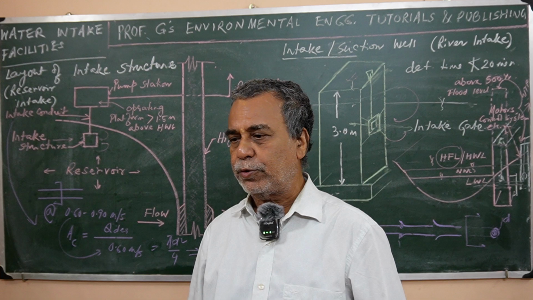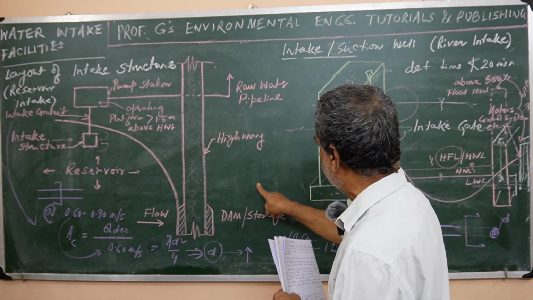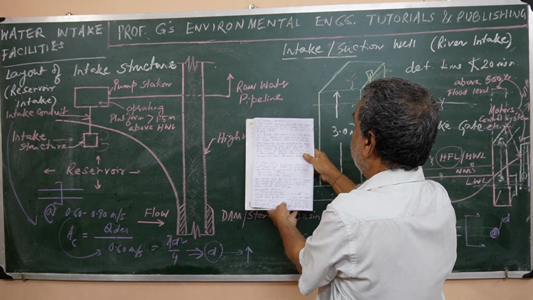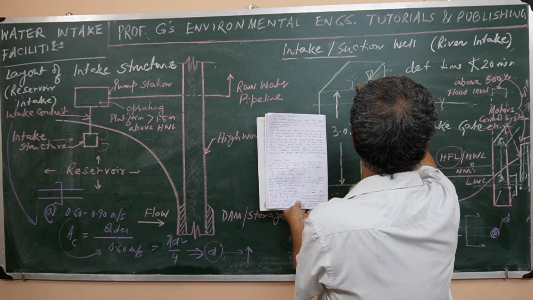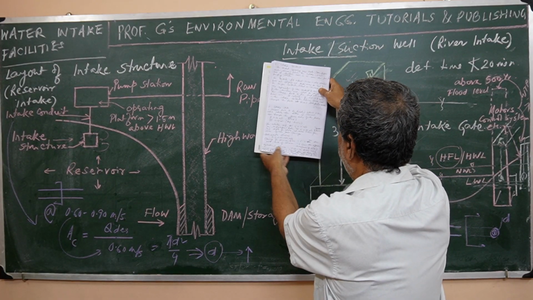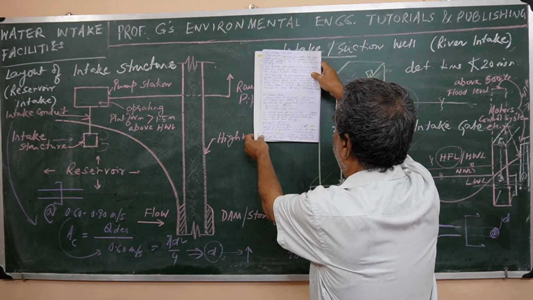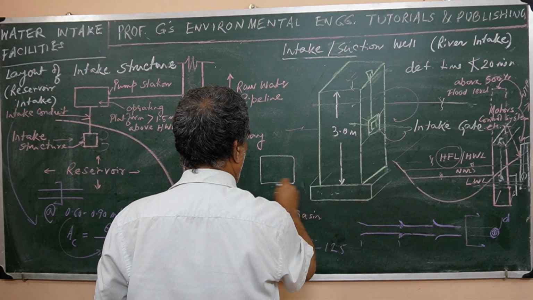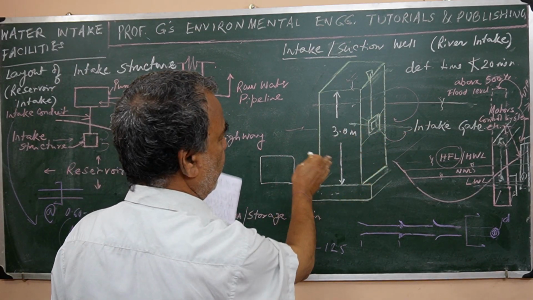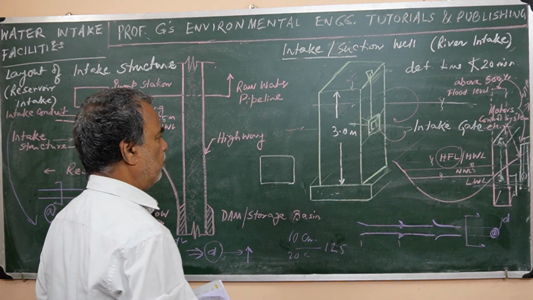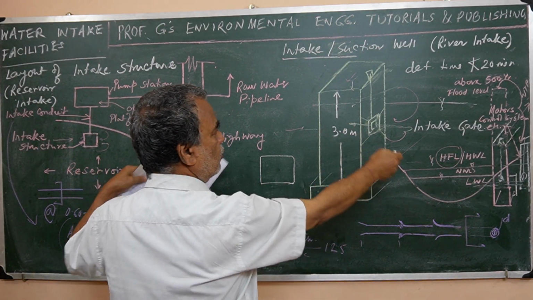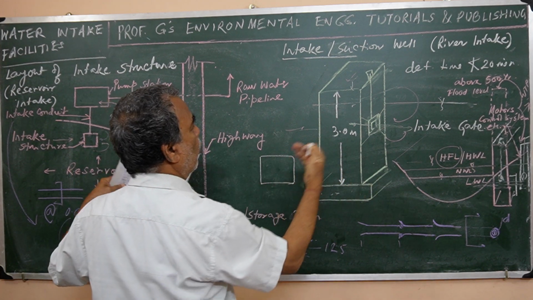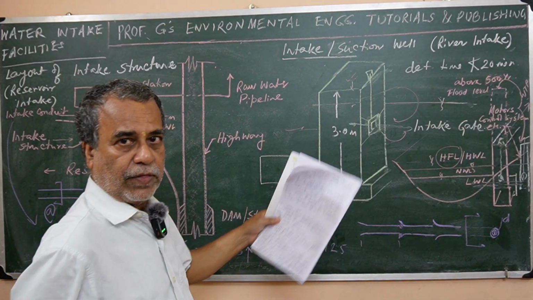Suppose this is a hole on the intake well, and from the top there is a spindle, from which the gate is operated; it can be closed or opened. I am just giving an illustration. You may consider the board as one face of the intake well. This is one hole, and similar holes are on the same surface at different levels, in different tiers, and on other faces also.